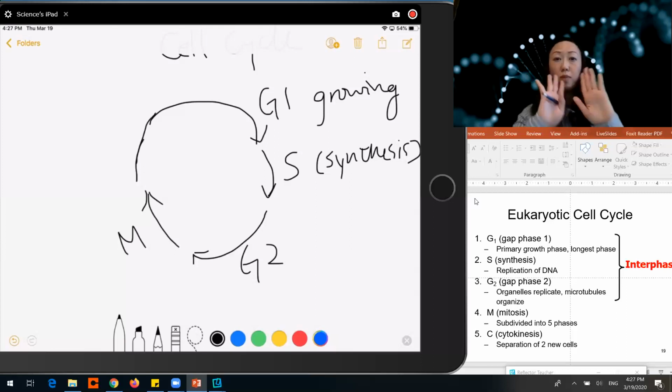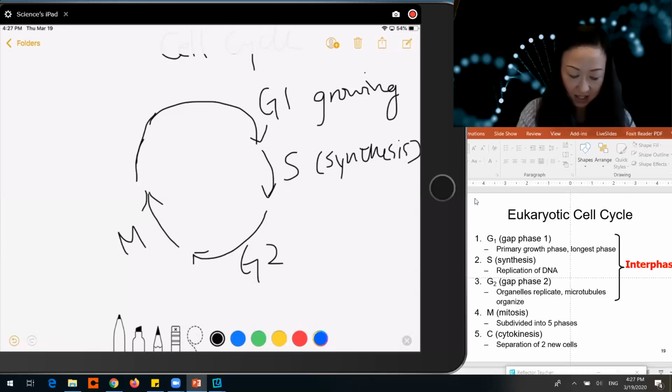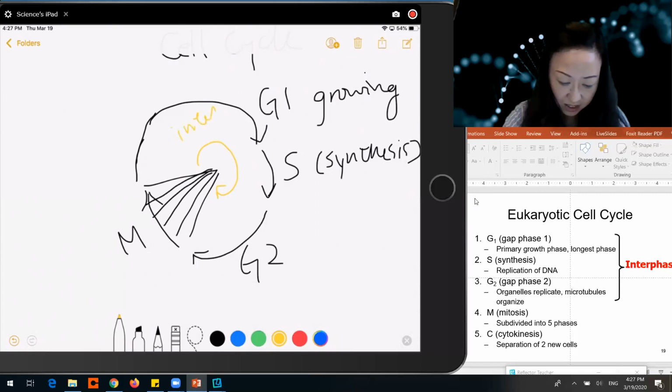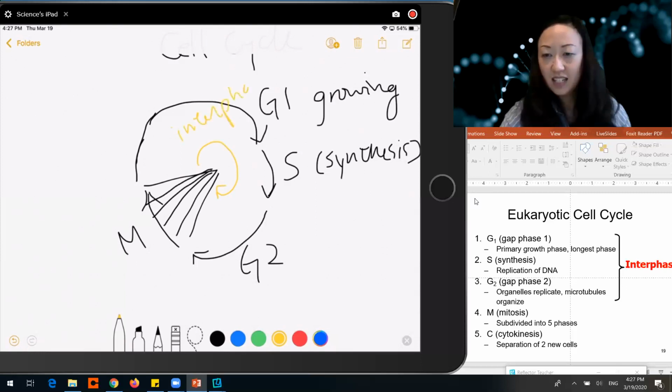But zoom out. All those 5 phases are part of mitosis. And then all these 3 phases together, G1, S, G2, are called interphase.